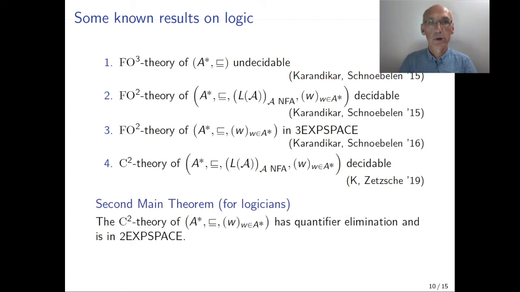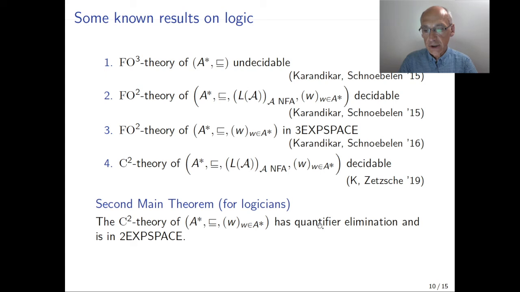And the second main theorem from this paper, and this time of interest to logicians and possibly algorithm people, is that the C2 theory of the structure without regular predicates has quantifier elimination, typical result or notion for logicians, and is in twofold exponential space.